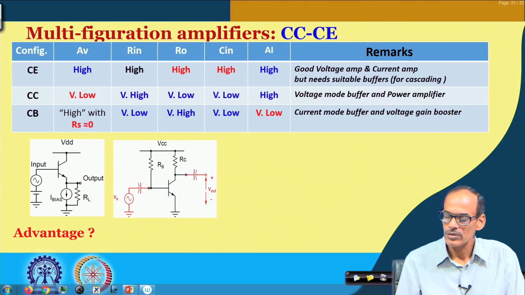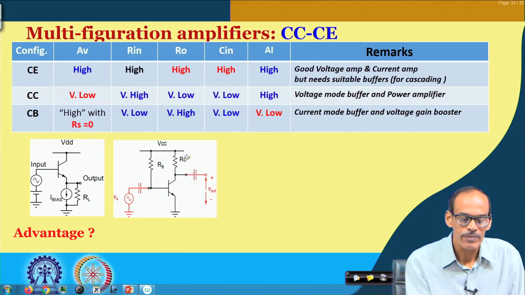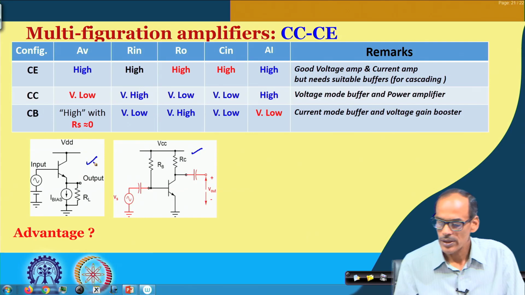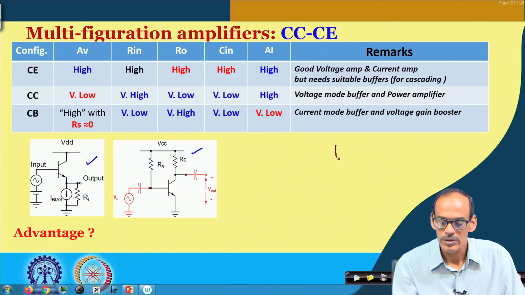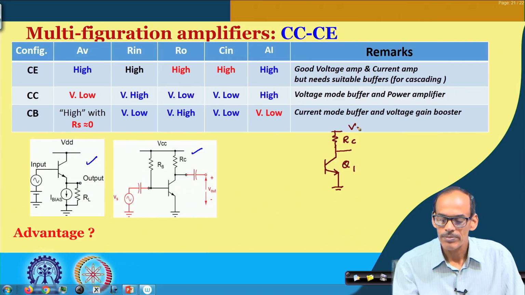So, here again we have the individual stages, and if we mix them together, this circuit configuration is obtained. The main transistor Q1 is in CE configuration. We have the RC, the supply VDD, and this is the output port.